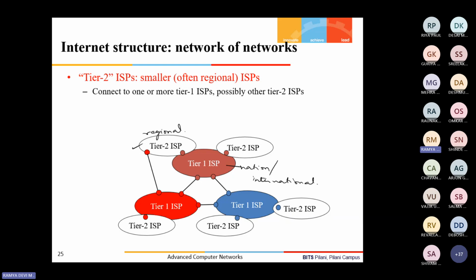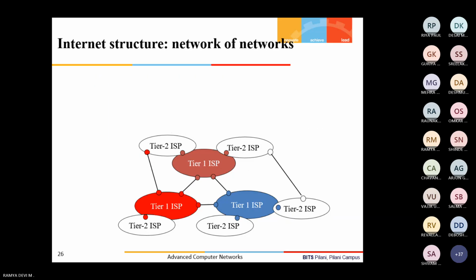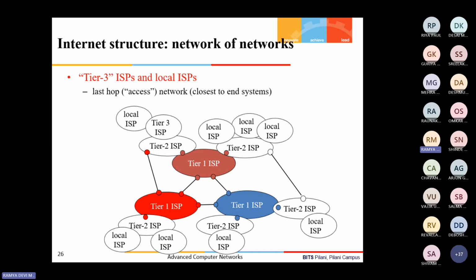The next one is the Tier 3 ISPs. Tier 3 ISPs are local, the lowest level in the hierarchy. Here they are not international or regional, they are local ISPs.